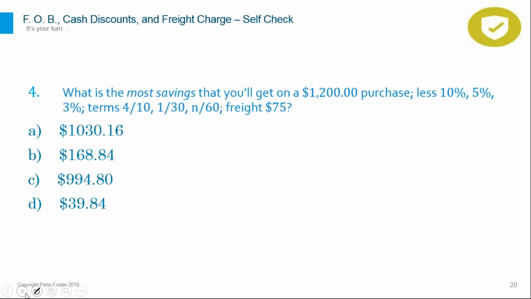And the cash discounts would be 4% within 10 days, 1% within 30 days, and everything has to be paid off by the 60th day. And the freight charge is $75. What is the most savings?